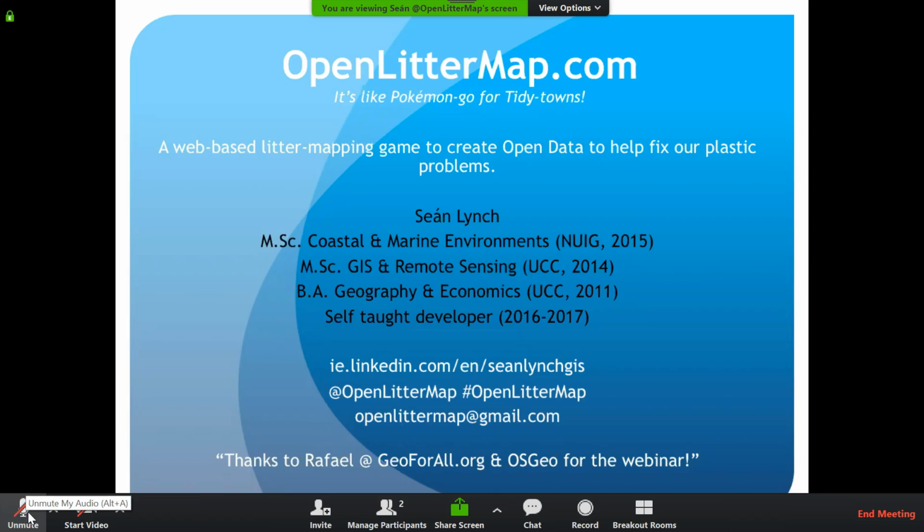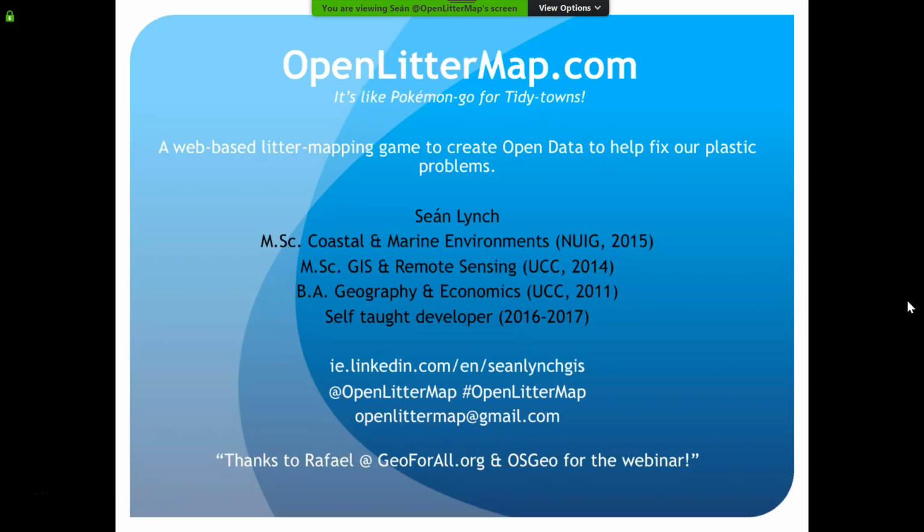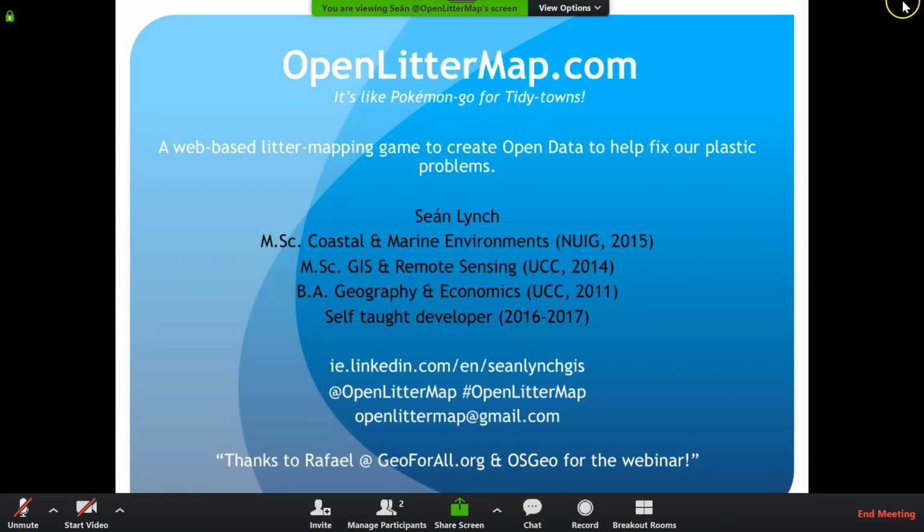My name's Sean Lynch. I'm the developer of OpenLitterMap.com, and this is a citizen science platform to enable anyone to collect data and map the spatial distribution of litter. That accounts for most categories, and the categories are increasing all the time. Everything from cigarette butts, lighters, plastic bags, plastic bottles, soft drinks, you name it.